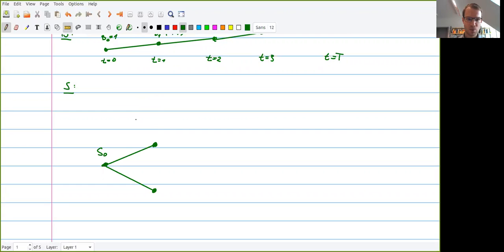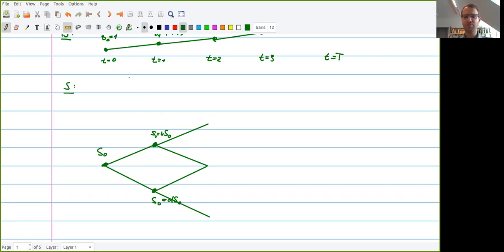And then at time 1, right, the price is either, when you move up, S0 times u, or we go down, then it's d multiplied with S0. Okay, and then we go up and down again.